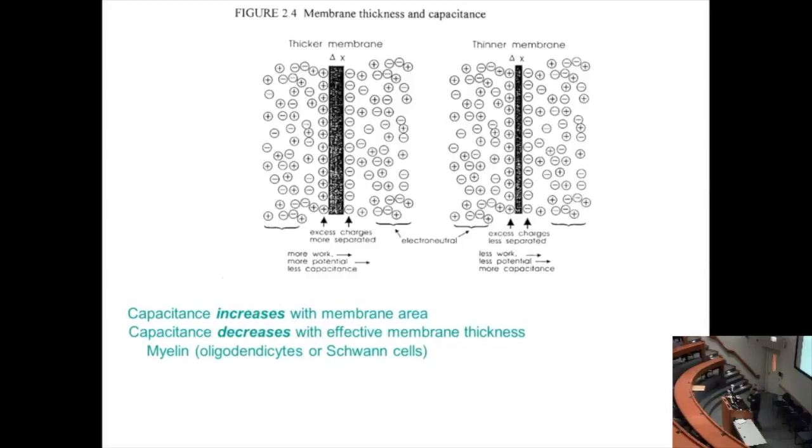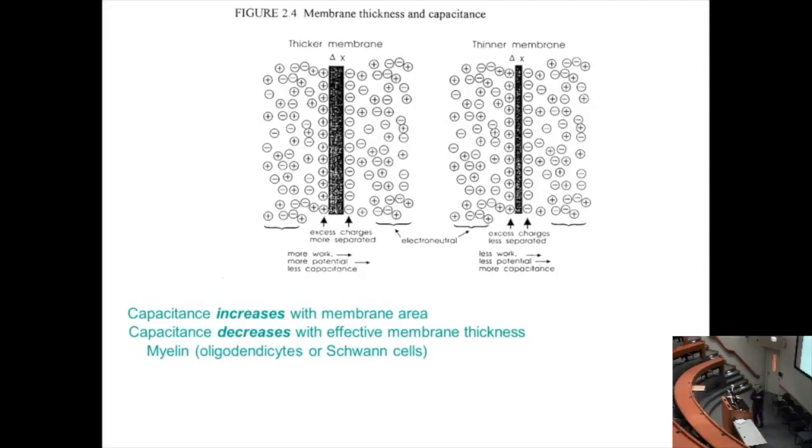Capacitance decreases with effective membrane thickness. That's what this figure is here. This has a lower capacitance than this membrane. Now, membrane thickness itself does not vary very much in the body. However, because your body wraps nerves in myelin, that effectively thickens the membrane, and it effectively decreases the capacitance.